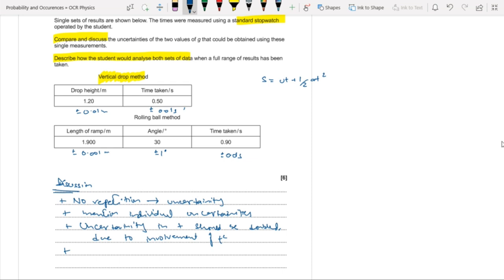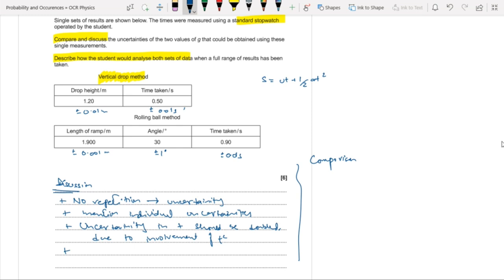Now the part comes for the comparison of the two methods. There is separate space present to answer this one, but I think it's easy to see the values and then compare the two methods. Obviously, we see here that the ramp has a larger time of observation and the length.